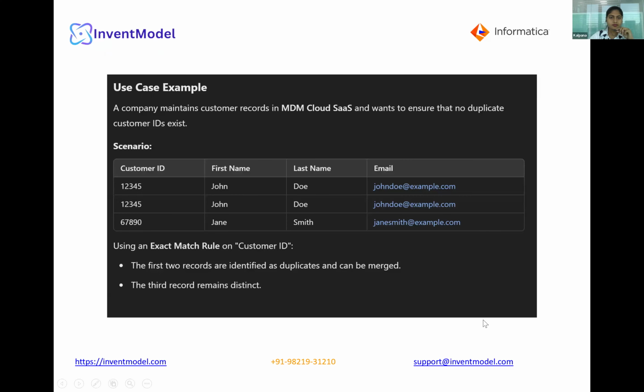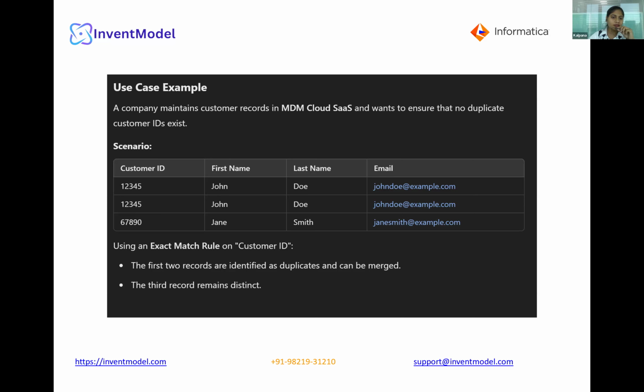Move to the next slide. Yes. So here we have some use case examples of exact match. Like if a company maintains customer records in MDM Cloud SaaS and wants to ensure that no duplicate customer ID exists. So here we have a scenario on the basis of customer ID, first name, last name, and email. As we have seen, the first two records are identical, or we can say these are duplicates.